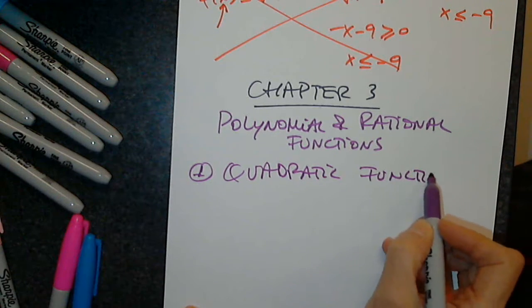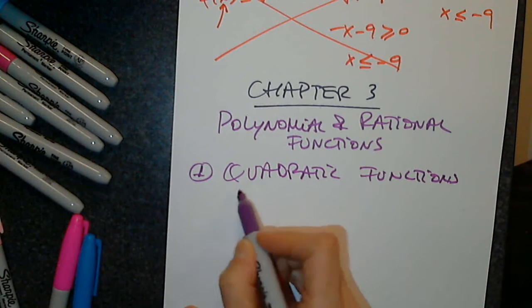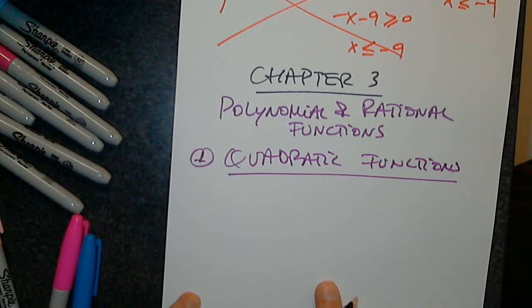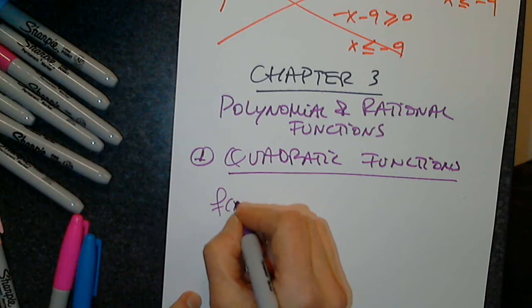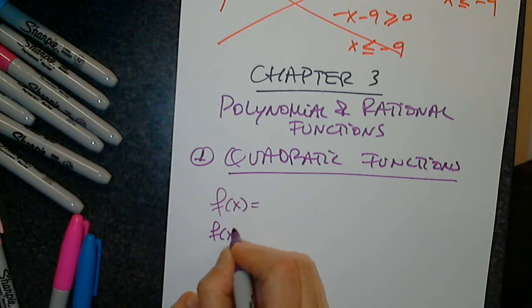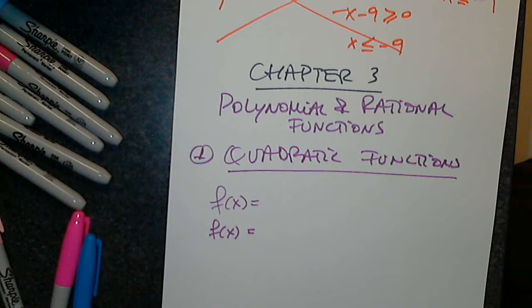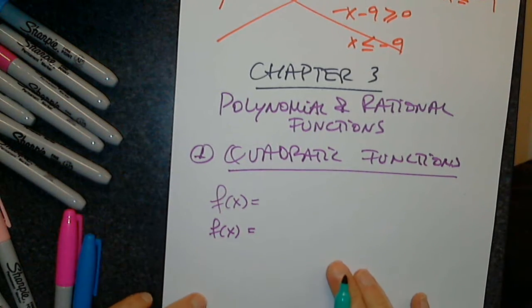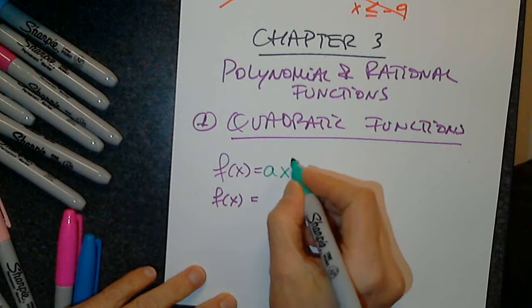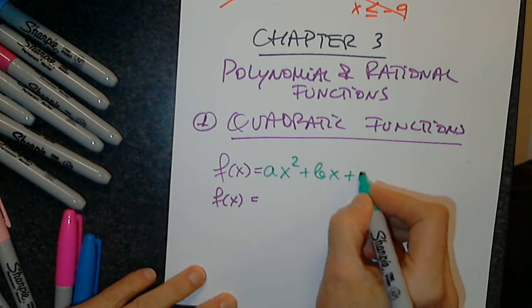Okay, quadratic functions. As we know, we have quadratic functions that look in 2 different ways. Although they mean the same thing, the outlook is different. Ax squared plus bx plus c.